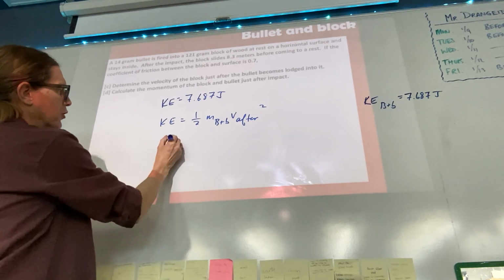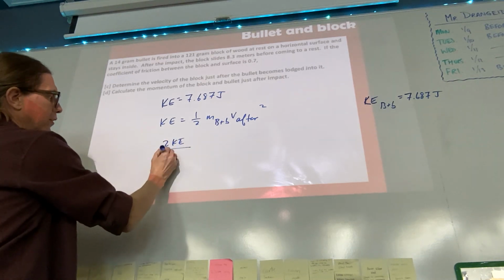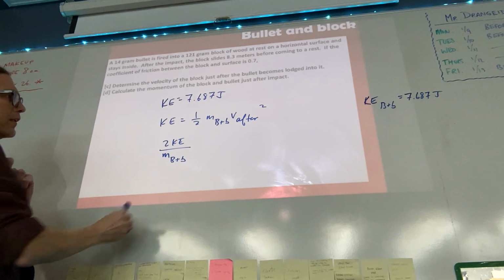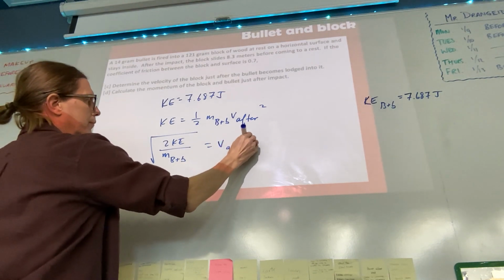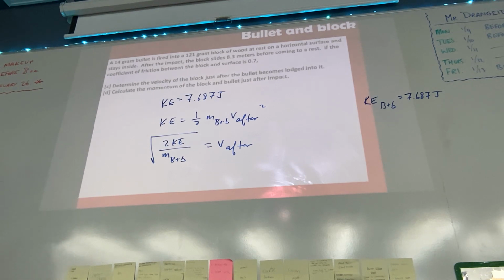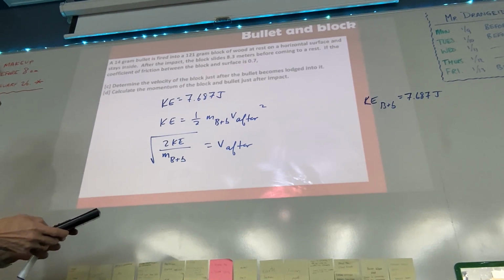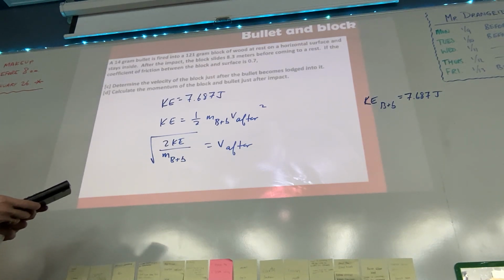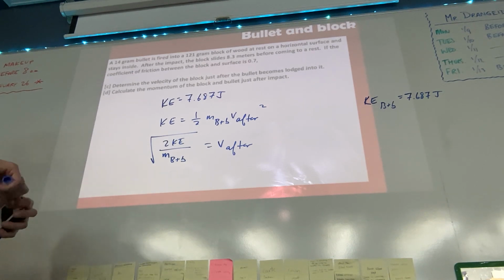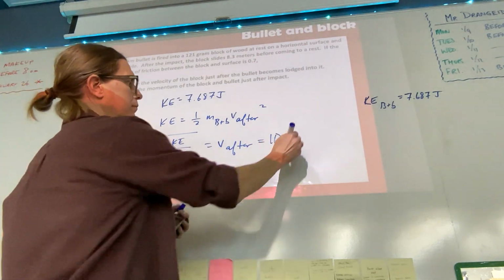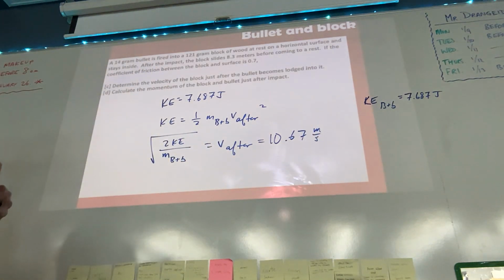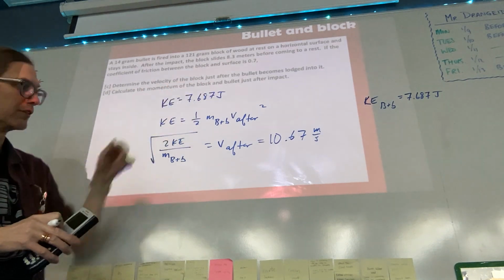But we're trying to get that all by itself, so we multiply both sides by 2, divide both sides by the total mass, bullet and the block, and take the square root. So we got 10.67 meters per second.